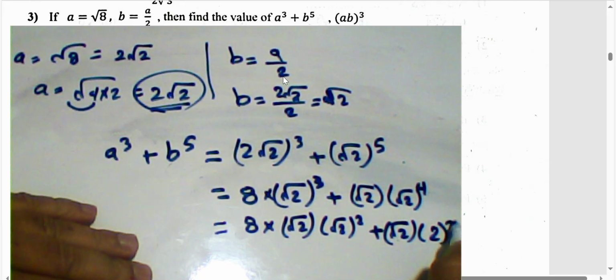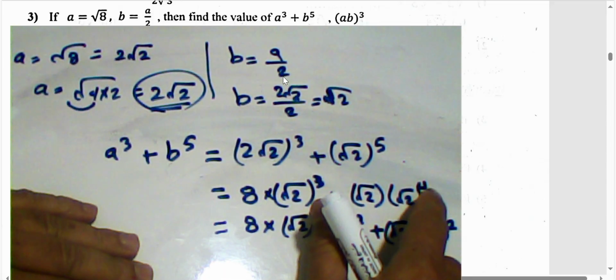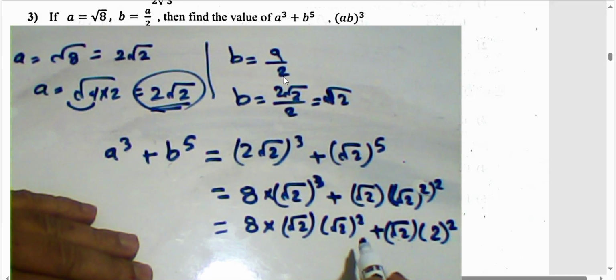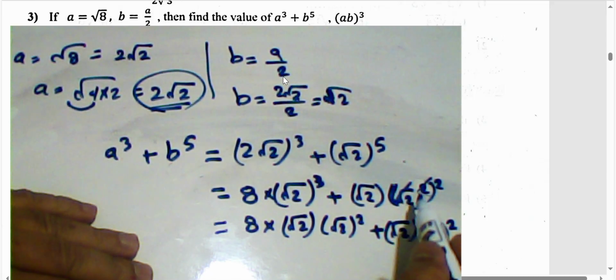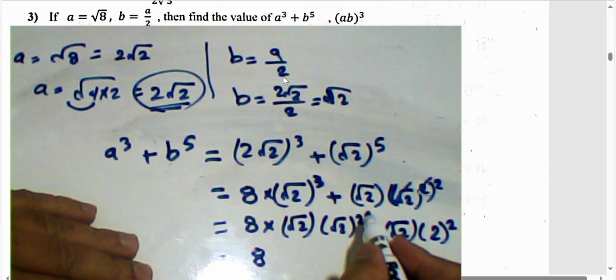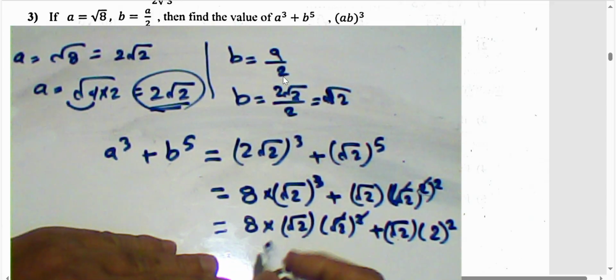The result will be 2 power 2. Okay, half of the power, half of 4, is 2. Or 4, you can write 4 equals 2 times 2. We can write root 2 times itself, 2 power 2. And here write 8. And also root 2 power 2 equals 2, times 8 outside equals 16.